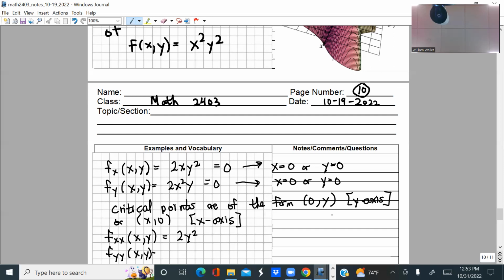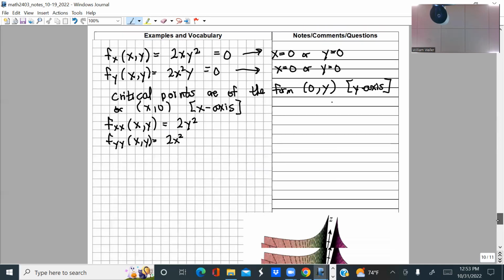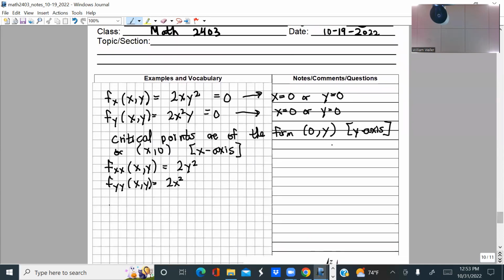It's the same thing, except 2x squared. And now what about the mixed partial derivative? Is it 4xy? Yeah, when you take the partial with respect to x, and then differentiate that with respect to y, you're going to bring the 2 down. So indeed, you get 4xy here.